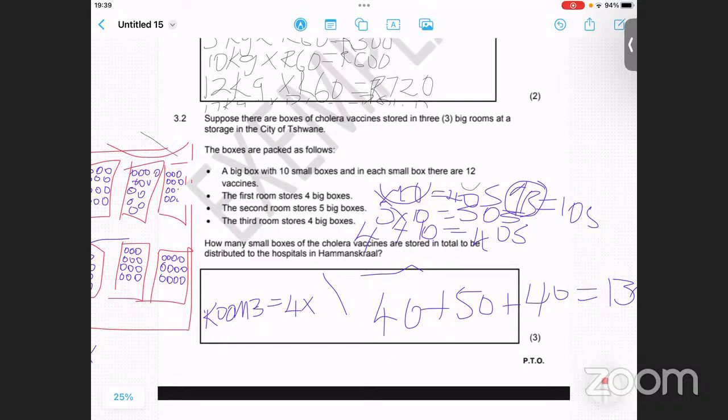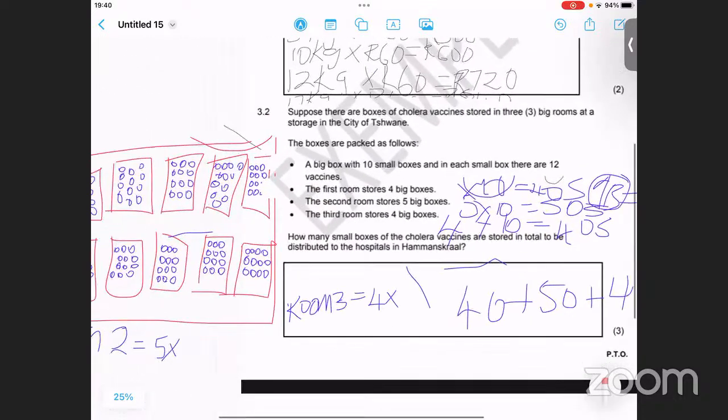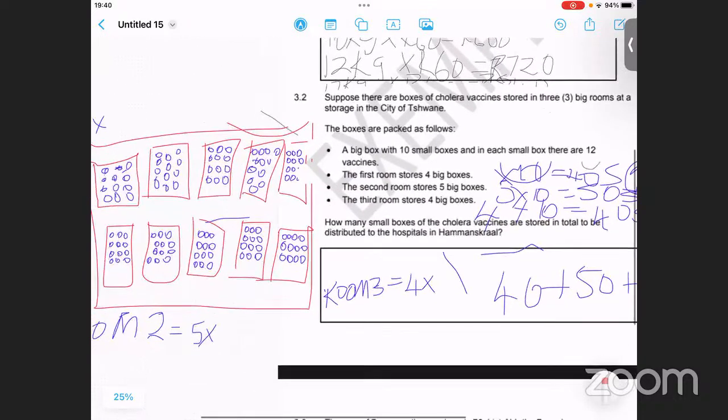There are gonna be 48 vaccines. Did you say 48? And how did you get to 48? I said 12 multiplied by 4, which is equal to 48.